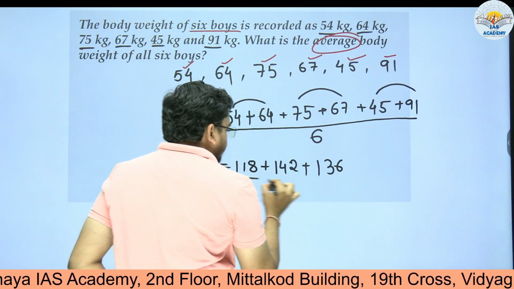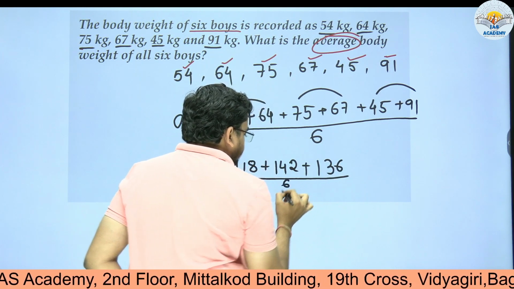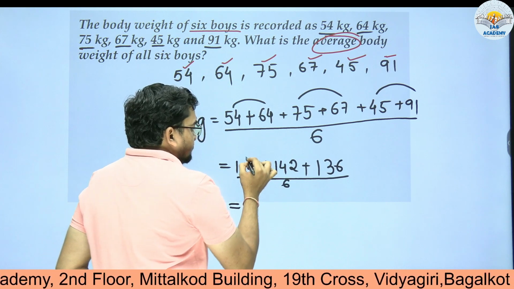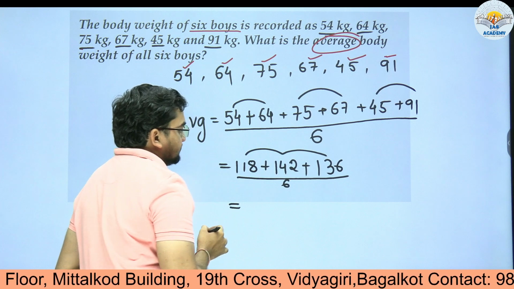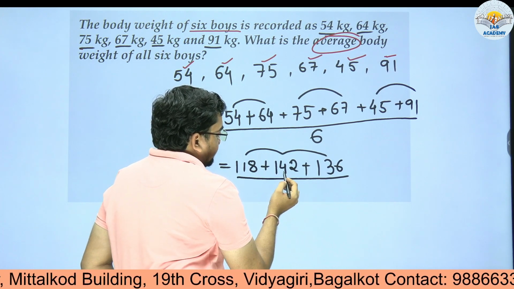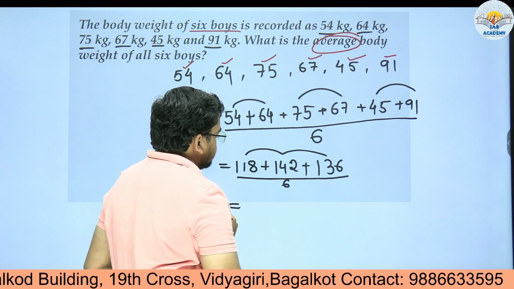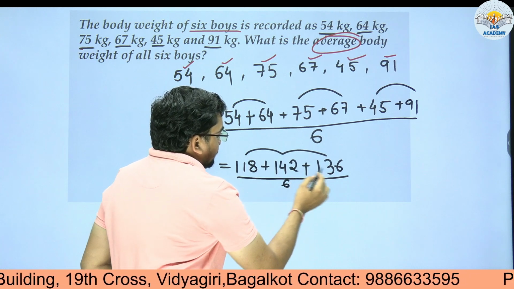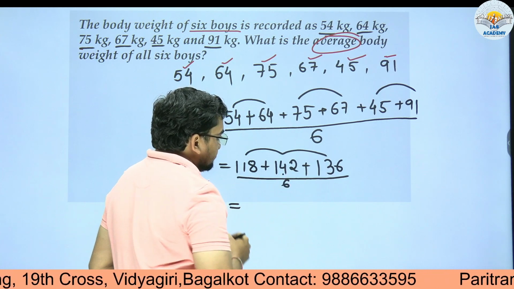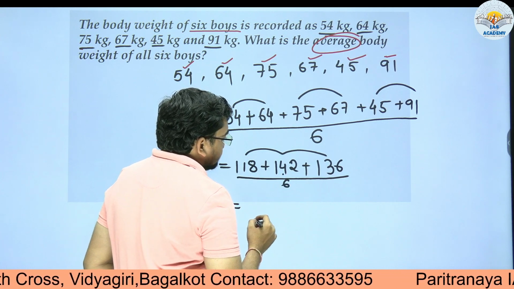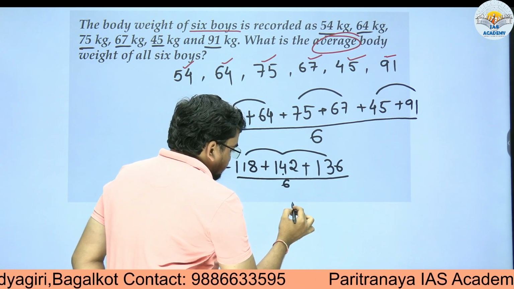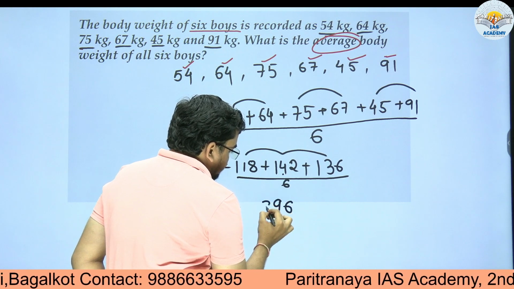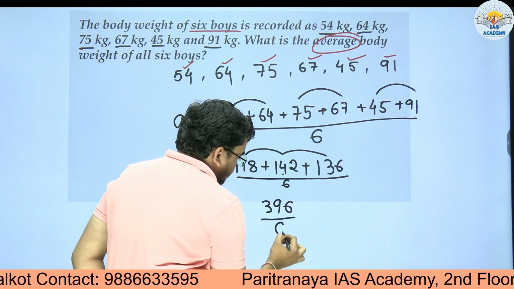Whole divided by 6. If you add further, sum of these three is 300, and 30, 40, and 1, 4, 3 plus 4 plus 1, 8, 8 plus 2, 10, 16, 9, 3 divided by 6.